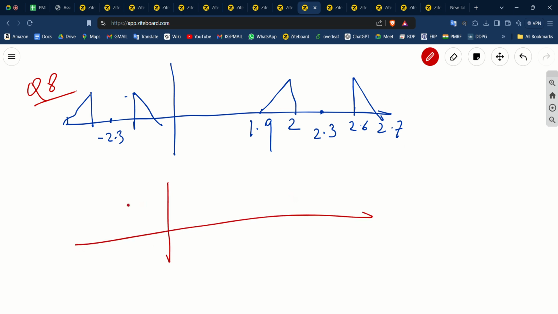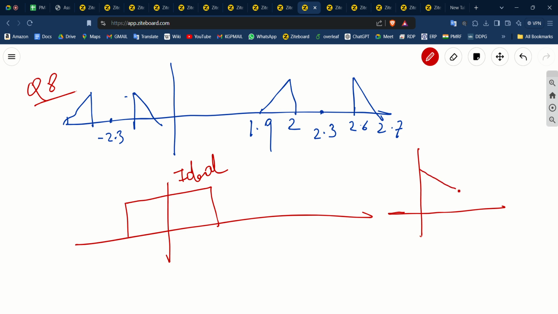Its response is something like this, ideally. But with roll-off alpha, it will be something like this. So here it is 1 and here it will be 0.